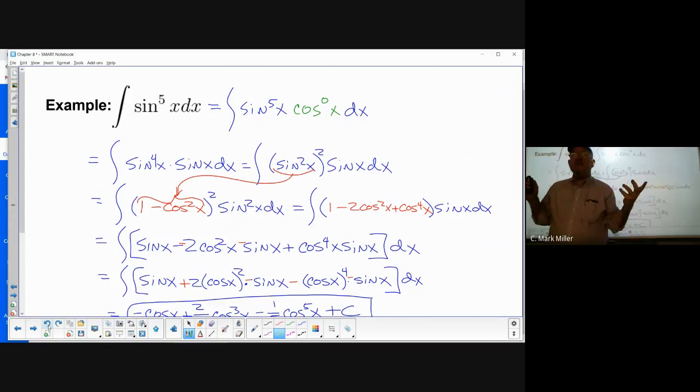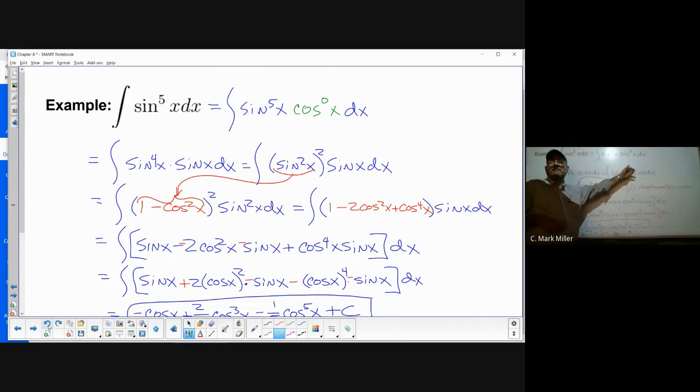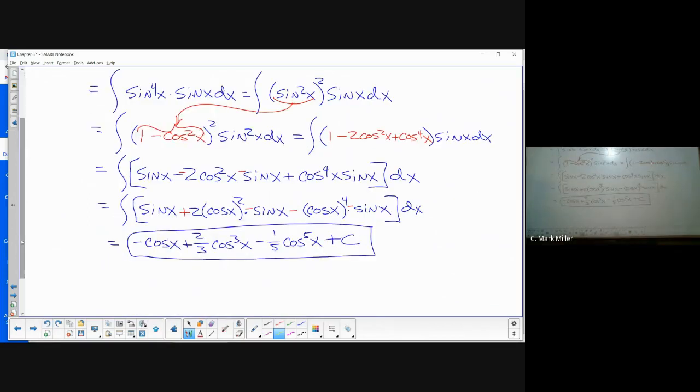What was the trick last time? Peel off one of the odd ones. Something to an odd power, peel that off. So with sine to the fifth, you peel off a sine, and we're going to save that because that's going to become part of the derivative. Sine to the fourth is sine squared squared. Then I start plugging in for sine squared: 1 minus cosine squared. Square it, and it becomes that.